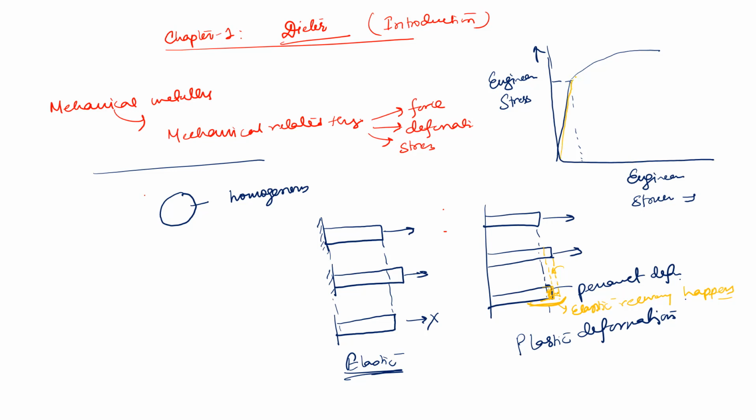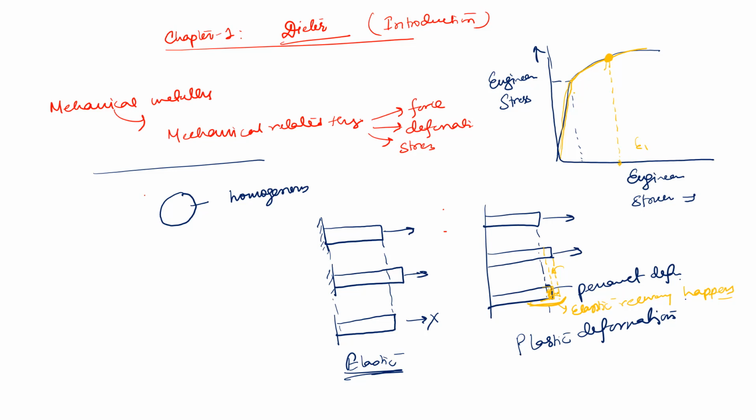This is your stress strain curve. Now suppose I put stress up to this limit, then at that point of time during the application of the force, the strain is this value, that is epsilon 1. Now when we remove the stress, what happens?